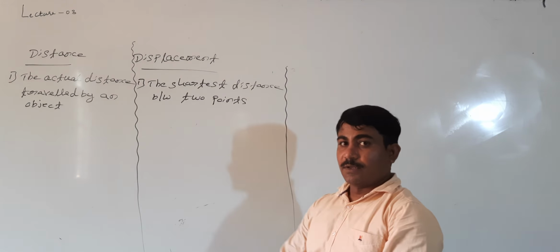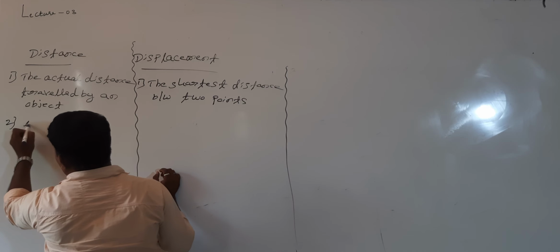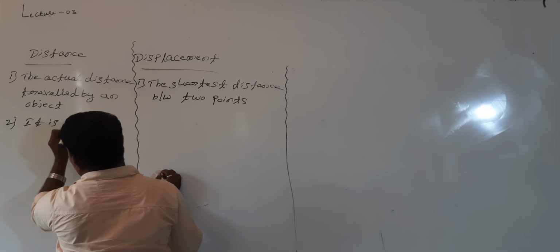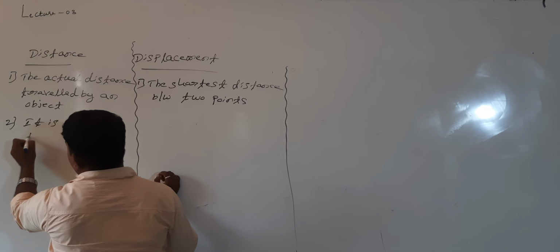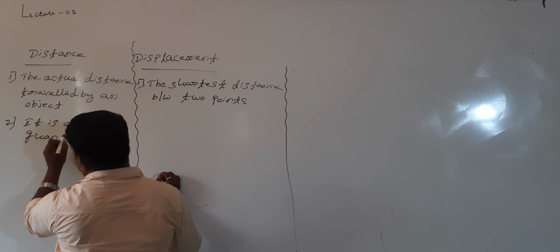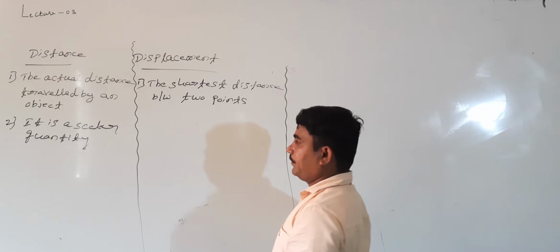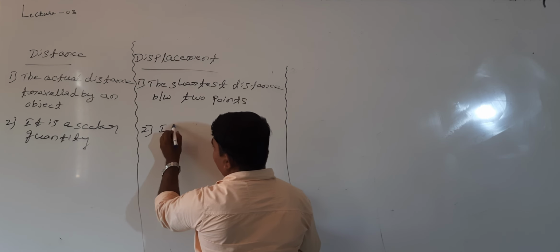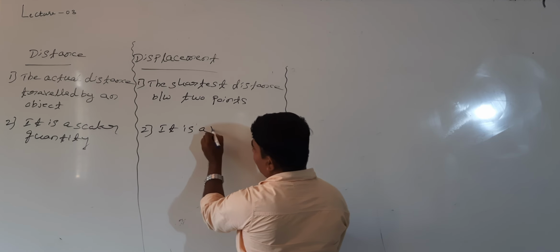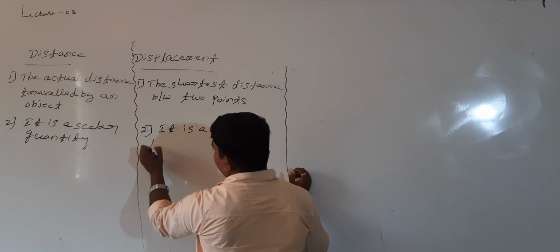Right? Second one you can call: distance is a scalar quantity. But what about displacement? Displacement is a vector quantity.